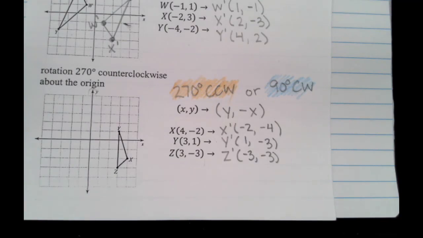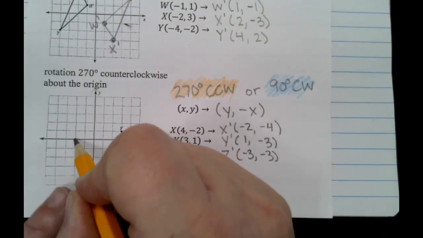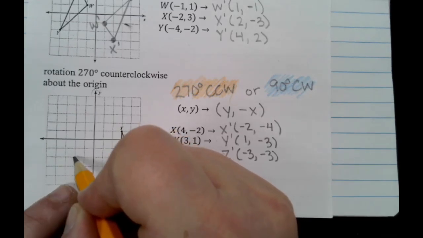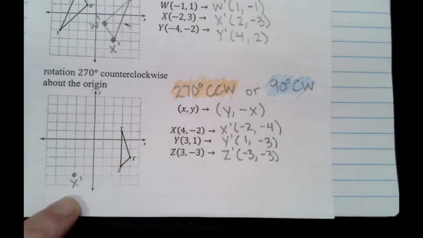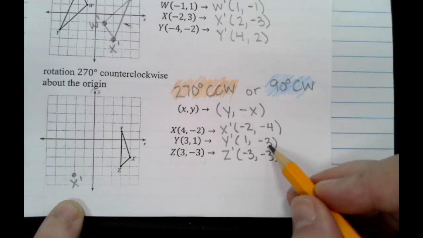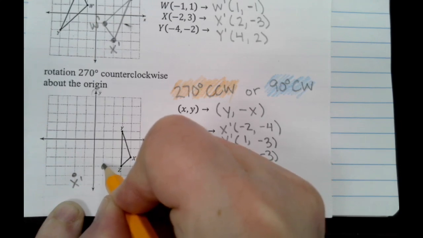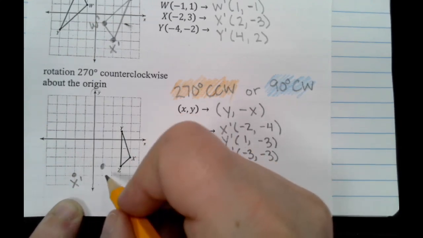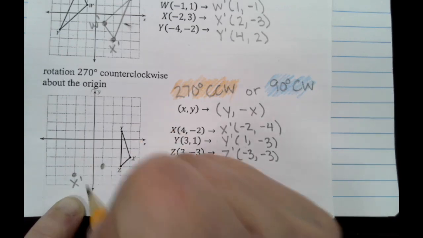All right, last step is just to graph them. So -2, -4: left 2, down 4. Y prime, we have 1, -3, so right 1, down 3. Why doesn't that look right?